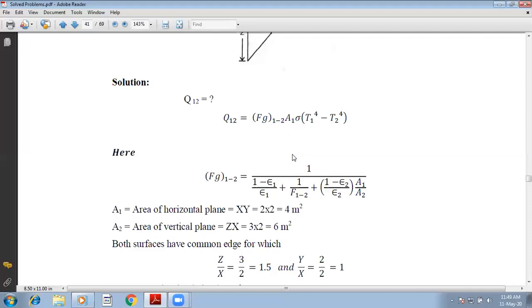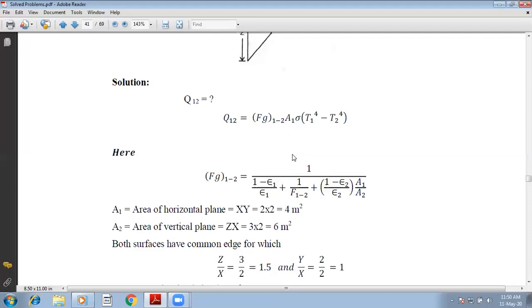Now, if you take the help of data handbook, then you have the same situation of perpendicular rectangles in page number 95.